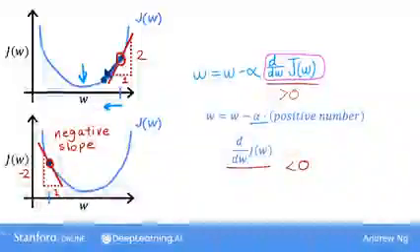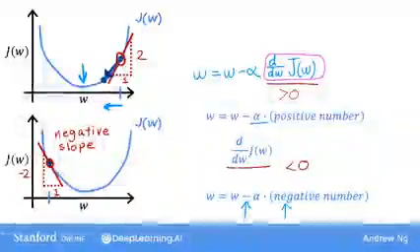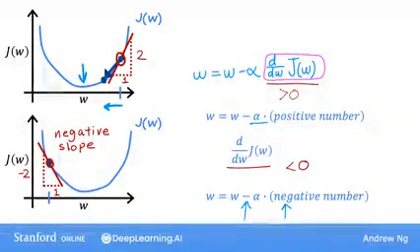So when you update w, you get w minus the learning rate times a negative number. And so this means you subtract from w a negative number, but subtracting a negative number means adding a positive number, and so you end up increasing w. Because subtracting a negative number is the same as adding a positive number to w.